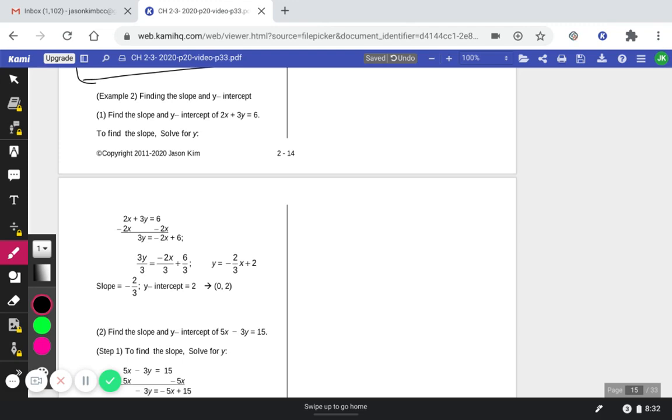Now on example 1, we practiced how to find the slope when 2 points are given. Now, what if they change the format? What if they want you to find the slope and y-intercept from an equation, but it is in standard form, which means you have ax plus by equals c format.